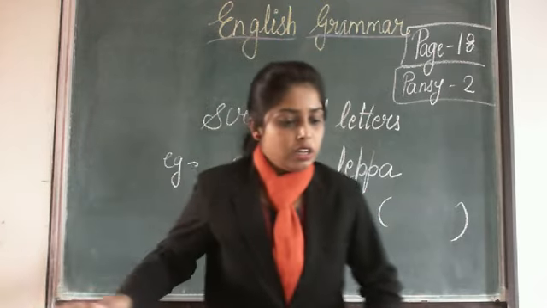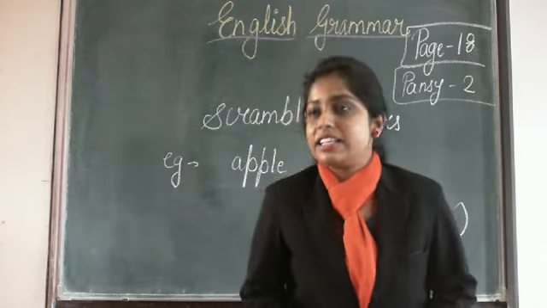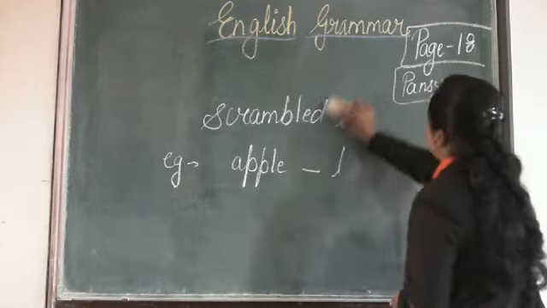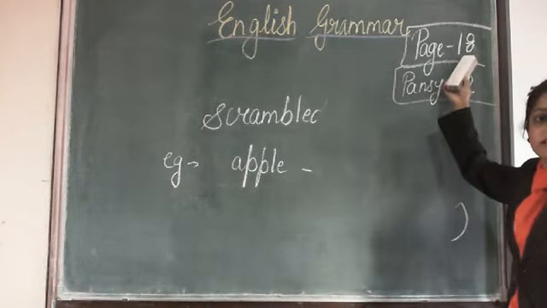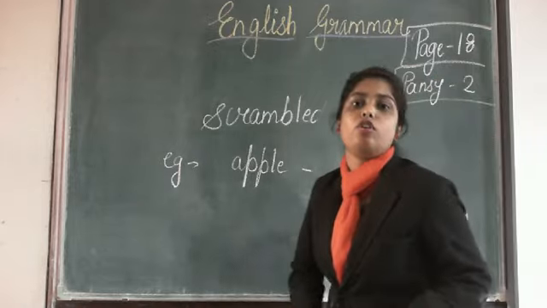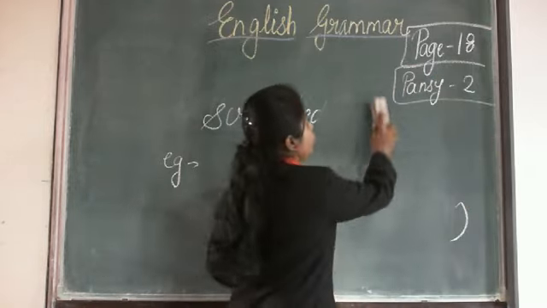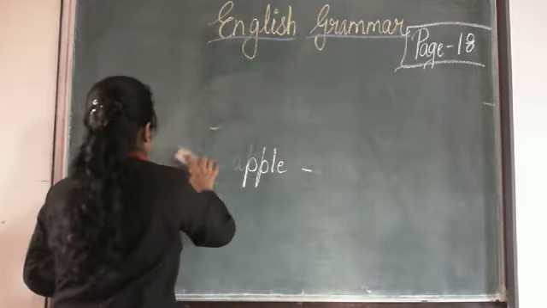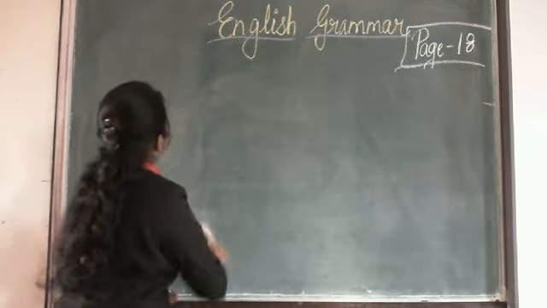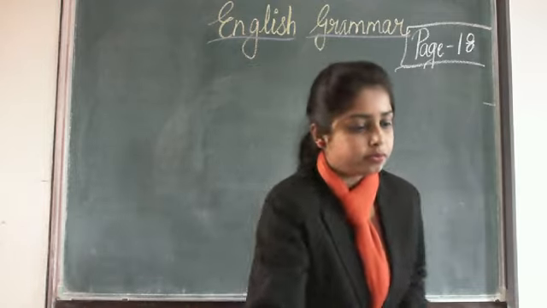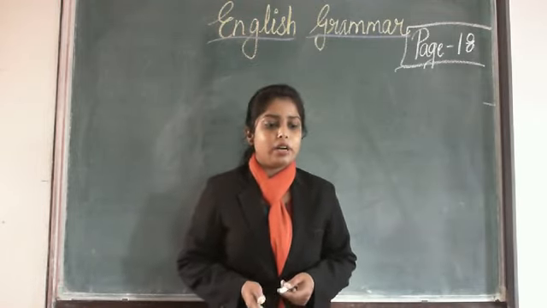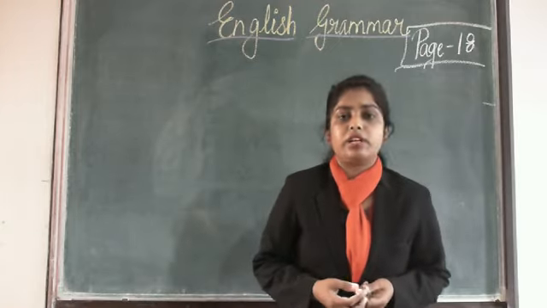Okay. So, let's begin the exercise. Page 18 of your term 2 pencil. Hope you have opened that. So, question number B: fill in the blanks with the help of scrambled letters which make suitable adverbs.